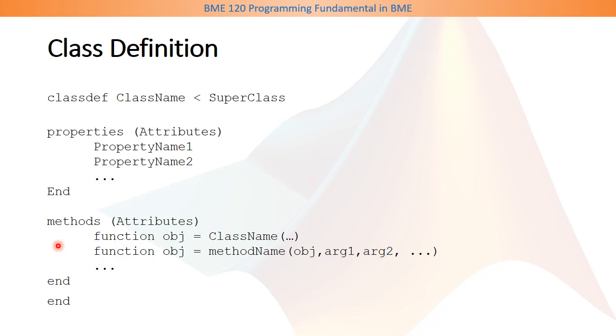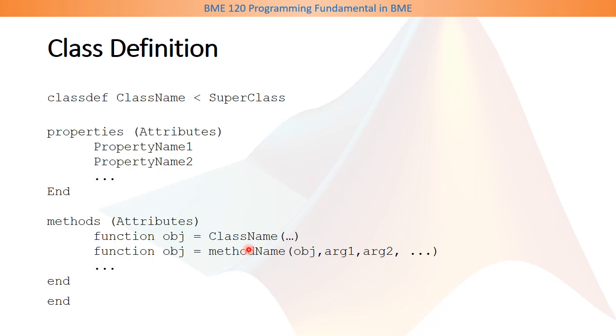The next section is methods. It is a list of functions, and each function corresponds to a method. There is a special function that uses the same name as the class name. This is called a constructor function, and it is used when the class is instantiated, to initialize the property values.